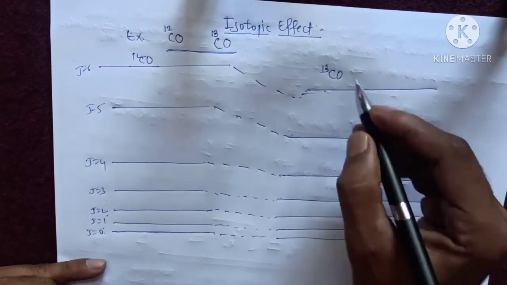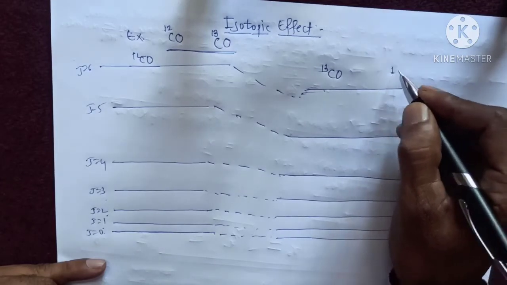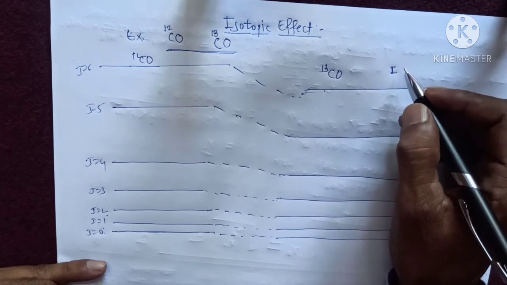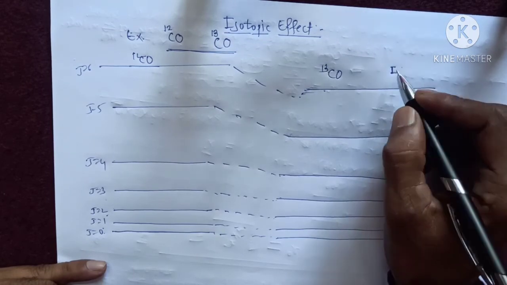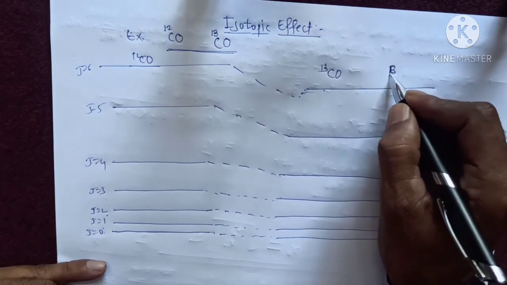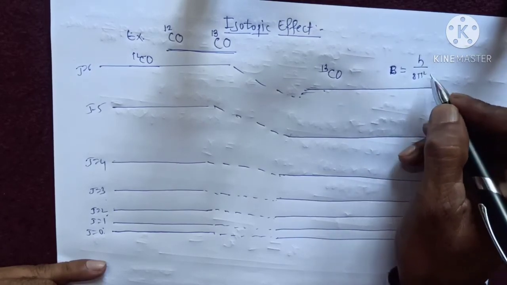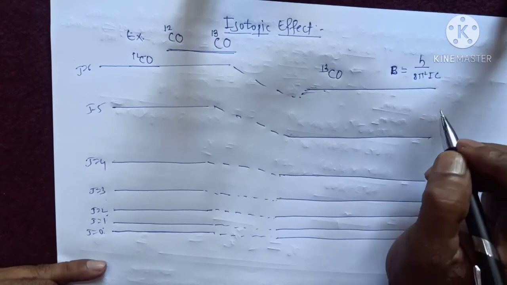And what actually happened there? The moment of inertia for this particular molecule, or rather the B value, is equal to h upon 8 pi square IC, isn't it?